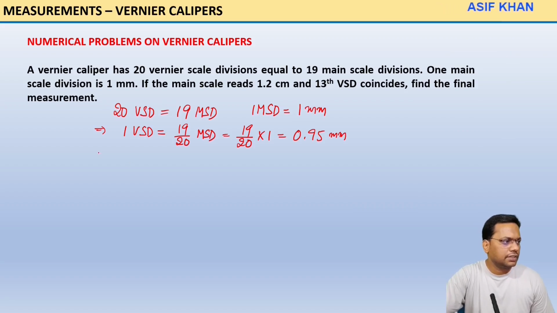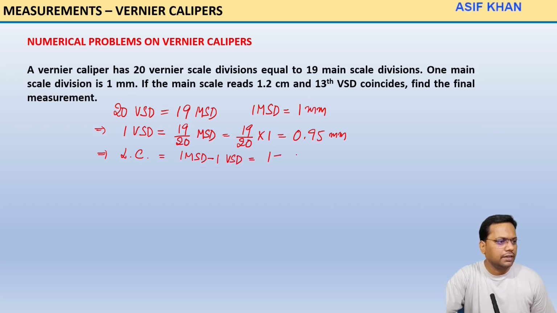Now we find the least count. Least count is equal to 1 MSD minus 1 VSD, that is 1 minus 0.95 millimeters, that is equal to 0.05 millimeters.